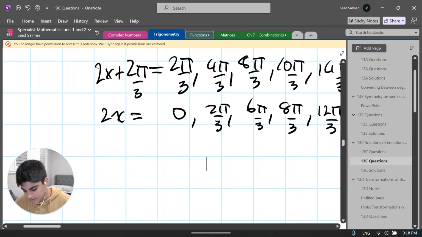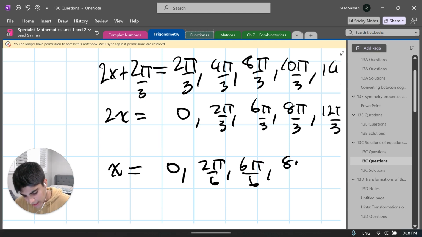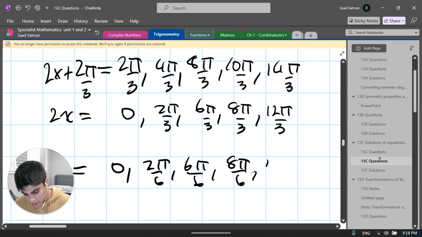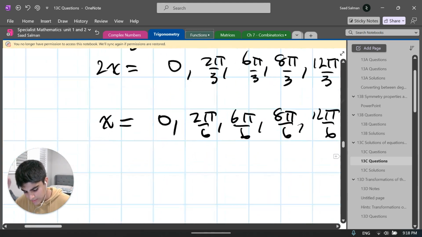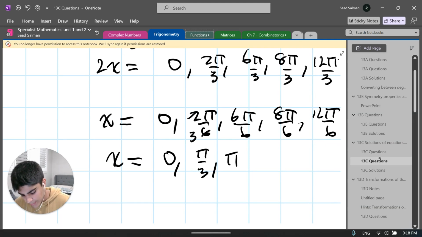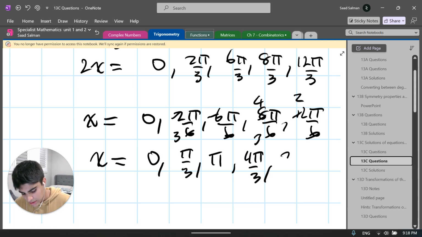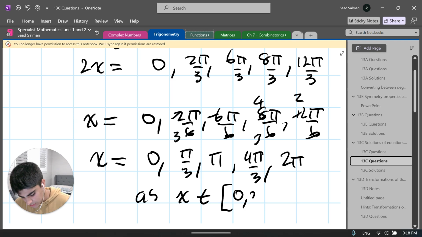Let's divide all these solutions by 2 now. x equals 0, 2 pi on 6, 6 pi on 6, 8 pi on 6, 12 pi on 6. Let's simplify our solutions now. x equals 0, pi on 3, pi, 4 pi on 3, and 2 pi, as x is an element of 0 to 2 pi.